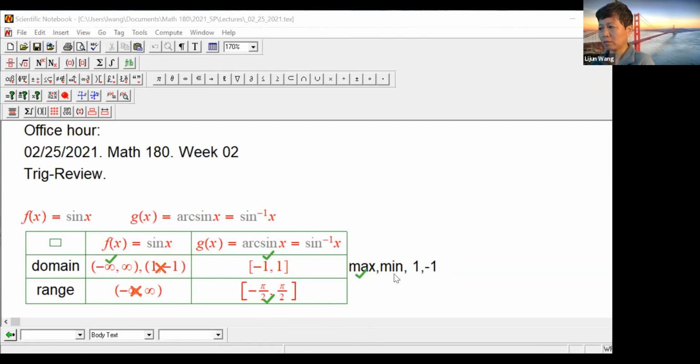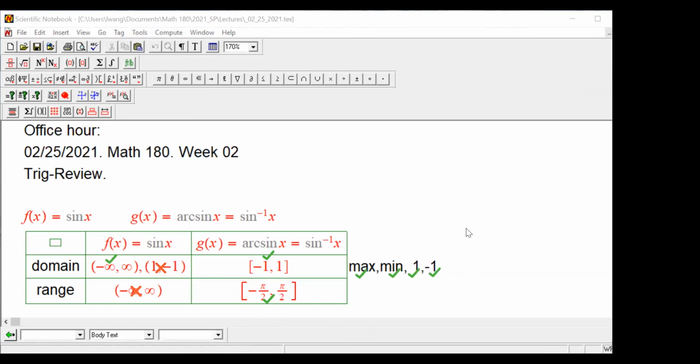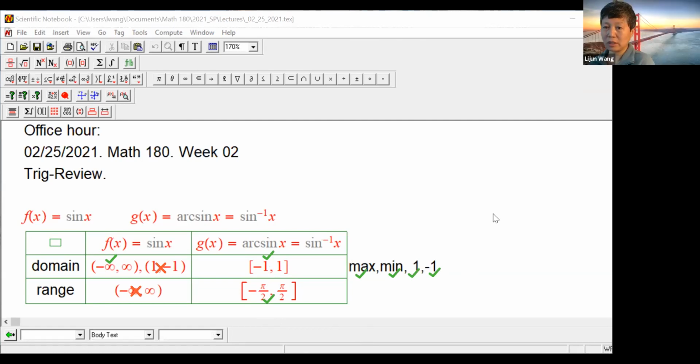That's correct. But this kind of study is not good enough. You don't have the whole picture. We need to know what's important and what comes afterwards.